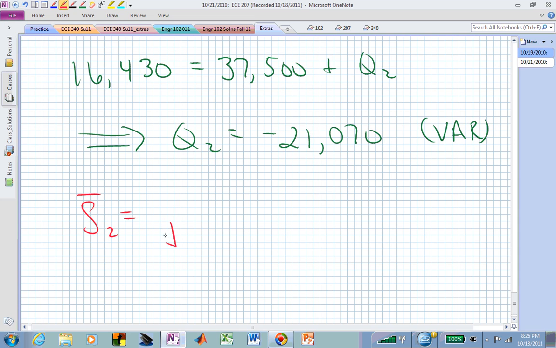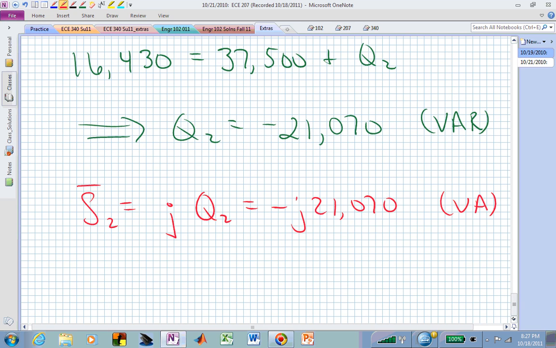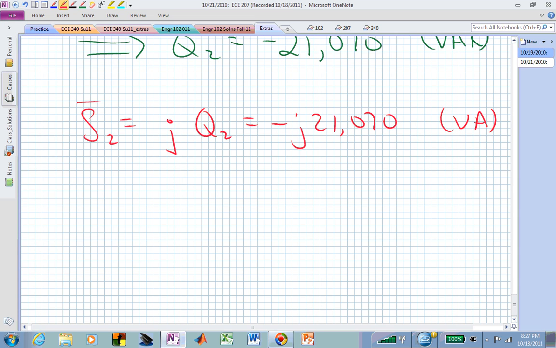This is j Q sub 2, which is minus j 21,070, and that we could call volt amperes, where P sub 2 is 0. That's now the way of finding the load.